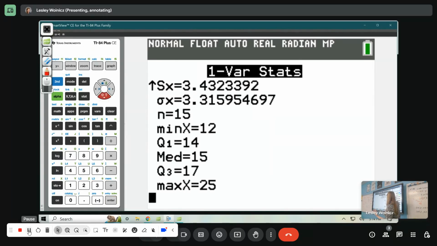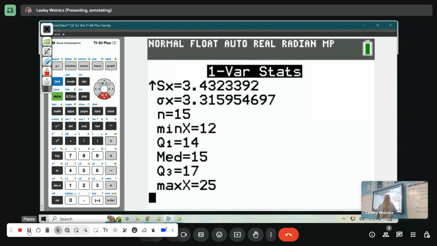If I arrow down, you can see that it's giving me my minimum, my first quartile, my median, my third quartile, and my max. Isn't that all the stuff that we need to make a box plot? Yeah. So that's our 5-number summary right there. The 5-number summary is the 5 numbers that tell us how to make the box plot.